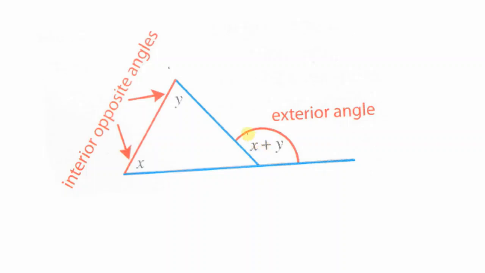So if you have an exterior angle, then ignore the angle closest to that exterior angle when it comes to the interior angles of the triangle, and look at the other two angles, the ones that are inside the triangle but the furthest from the exterior or outside angle. And if you add those two angles, namely x and y, you will find the size of the exterior angle.